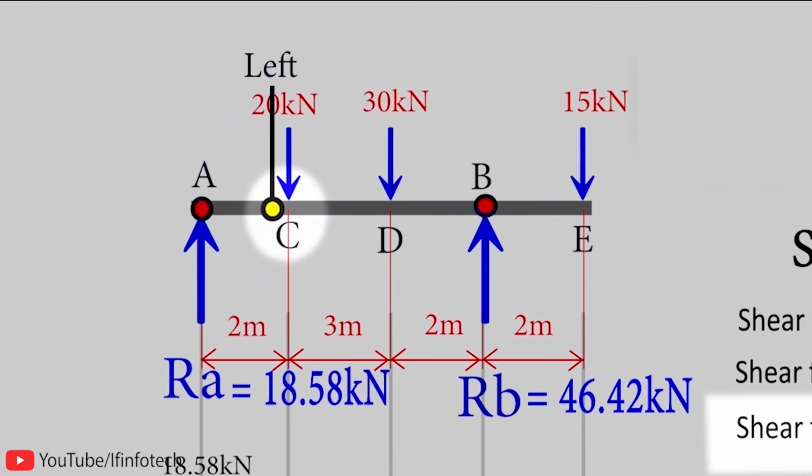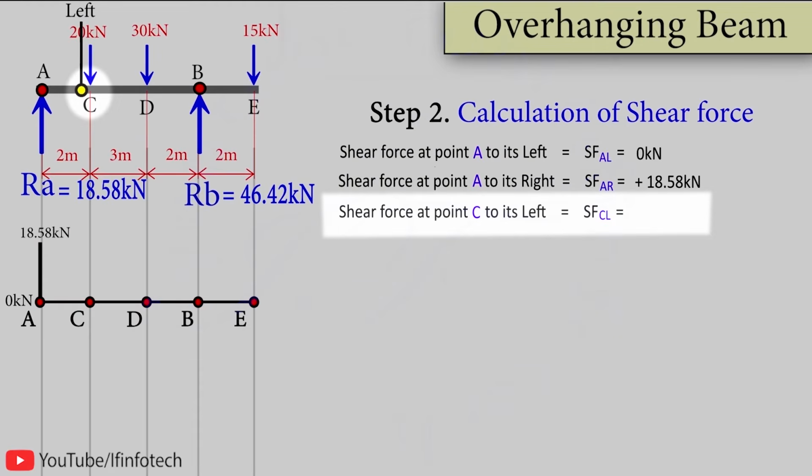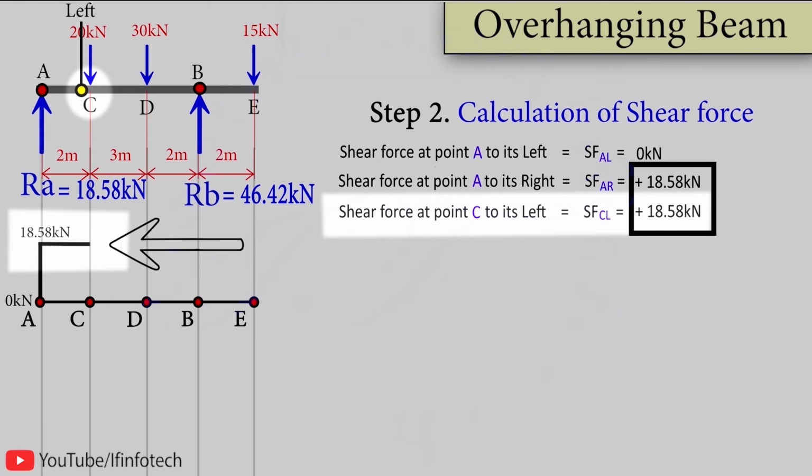Now I am taking section to the left of point C, that is SF at C to the left. Then there is no load on beam between point A to point C to the left side. Therefore shear force remains constant. That is shear force at point C to the left is equal to 18.58 kN. Now there is no variation in shear force value, so make horizontal line with shear force value as 18.58 kN.